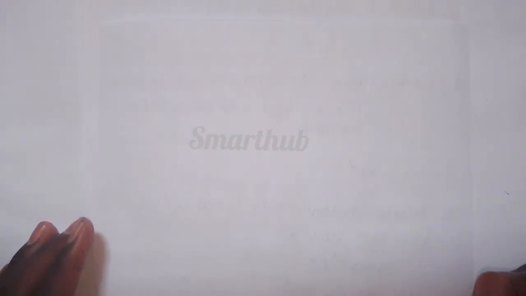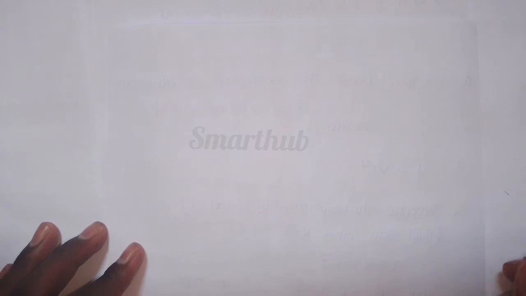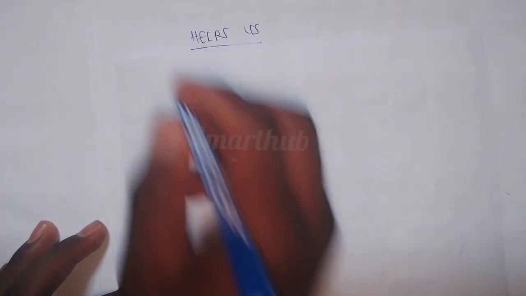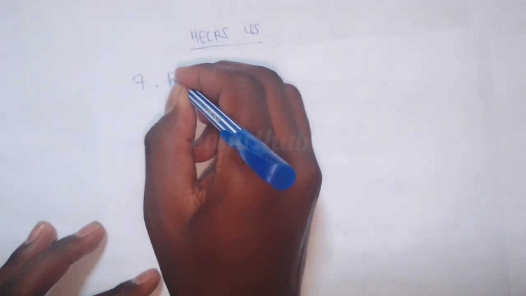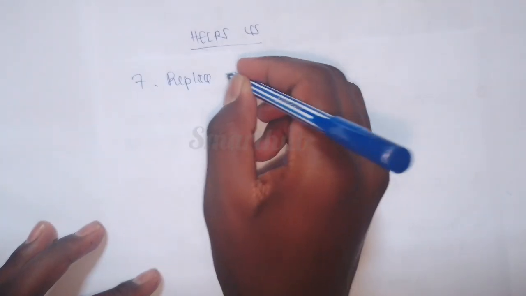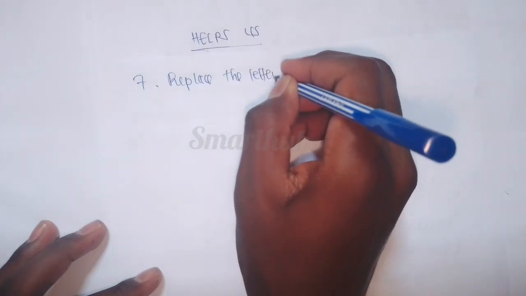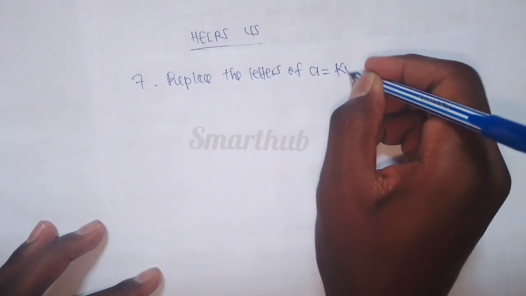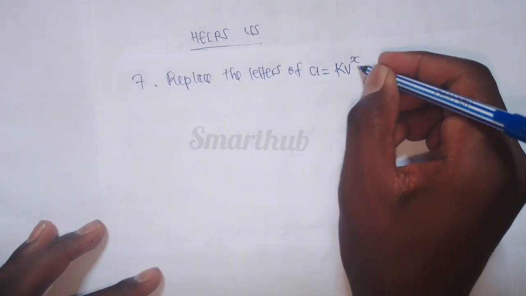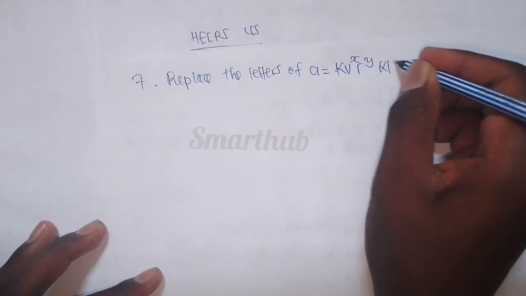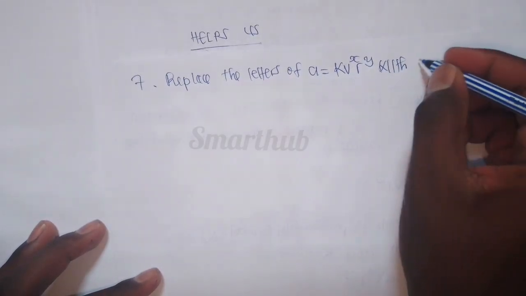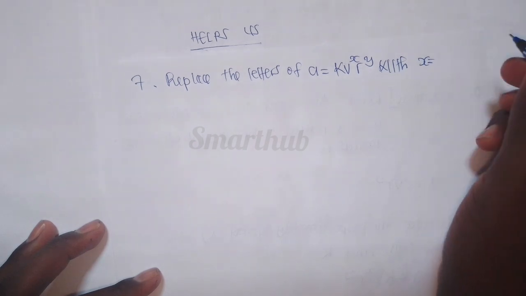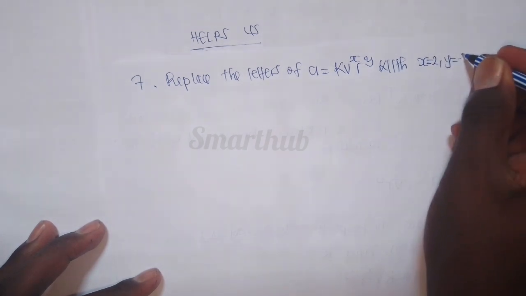Okay, so remember, step number 7, replace the letters of a is equal to k velocity to the power x, r to the power y, with x is equal to 2 we found, then y is equal to negative 1.